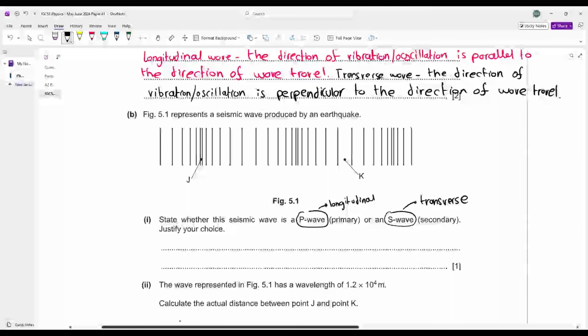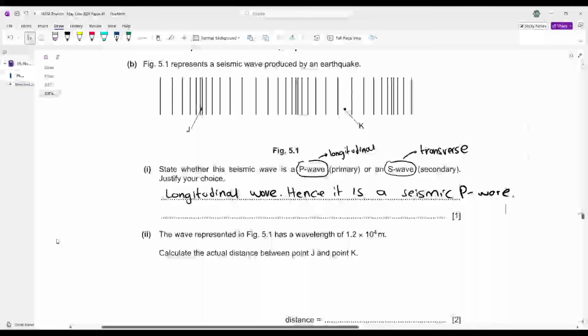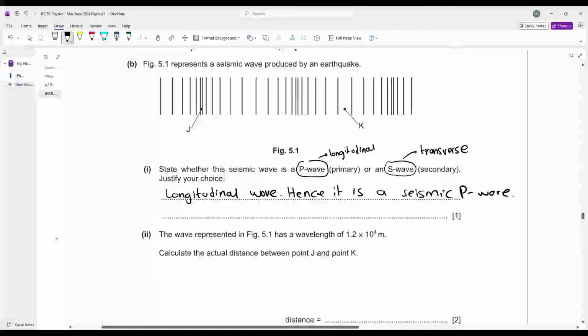From the diagram, can you see that this is a longitudinal wave? Hence, it is a seismic P wave. Simple.